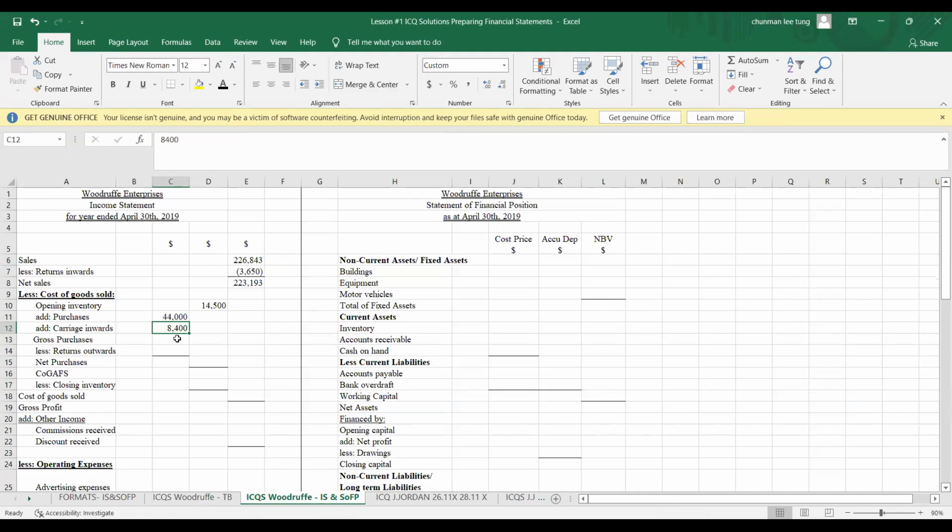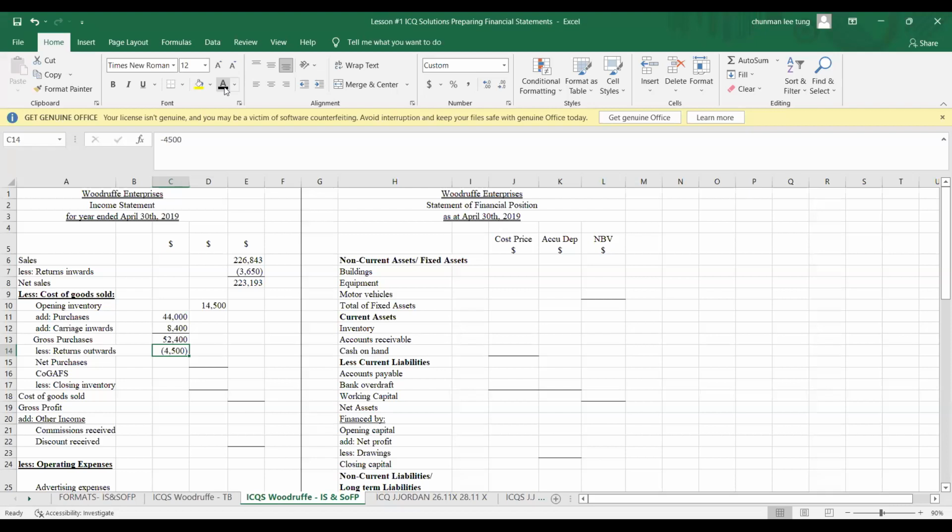So we're moving on. Gross profit figure will now be the 52,400, which is 44,000 plus the 8,400. And then the format is telling us we must less return outwards. Return outwards is equal to $4,500.